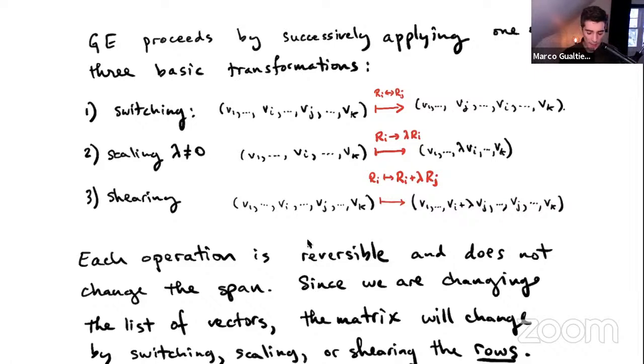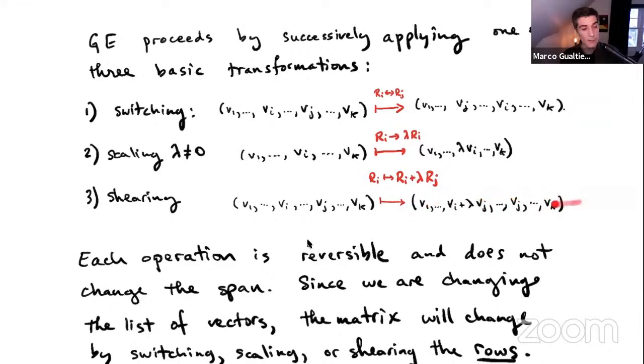What I'm trying to say is that it should be obvious that the span of this list is the same as the span of this list, because since Vi plus lambda Vj is in this list, and since Vj is in this list, I can take a linear combination of this and this, which produces Vi. I can take this vector minus lambda times this vector, and I will get Vi.